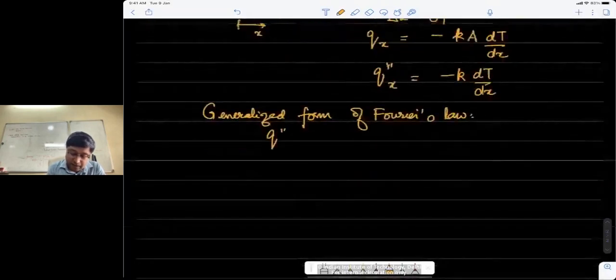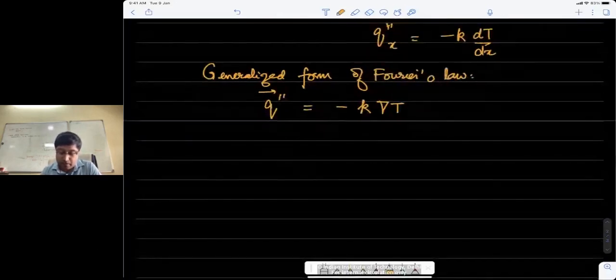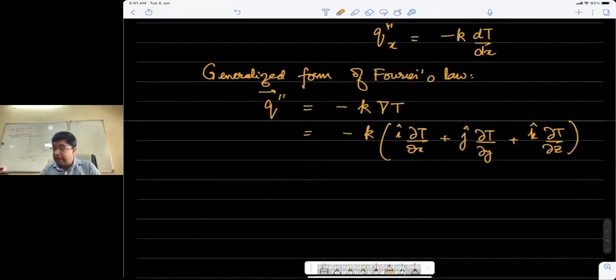So we can write the flux vector q double dash as minus k times the gradient of temperature, where you know what the gradient operator is. So this means we can write this as minus k, let's say, i cap dT/dx plus j cap dT/dy plus k cap dT/dz.